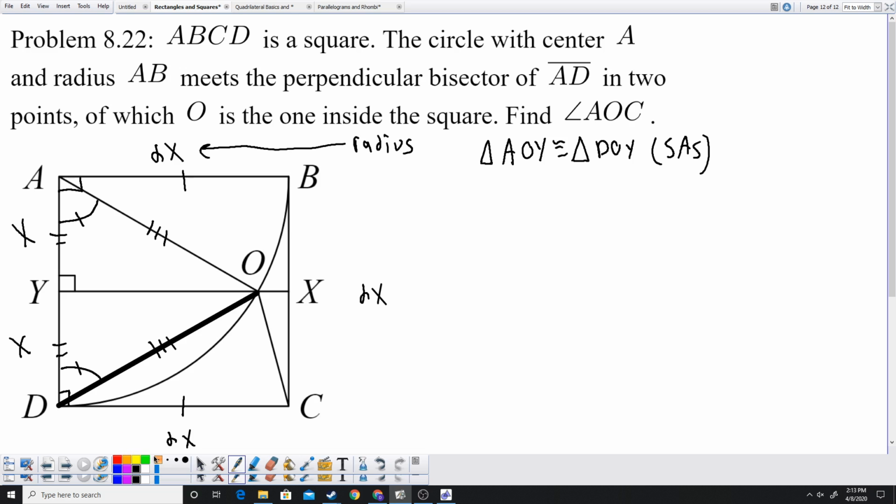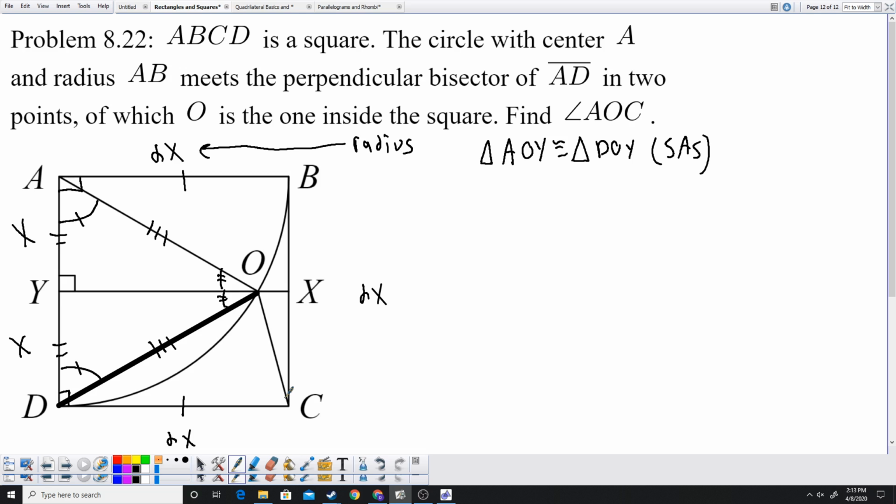Well, what else can we figure out? Well, we have an isosceles triangle. We know the base angles are the same. And these two angles here and here have to be the same as well. Now, how is that getting me anywhere?